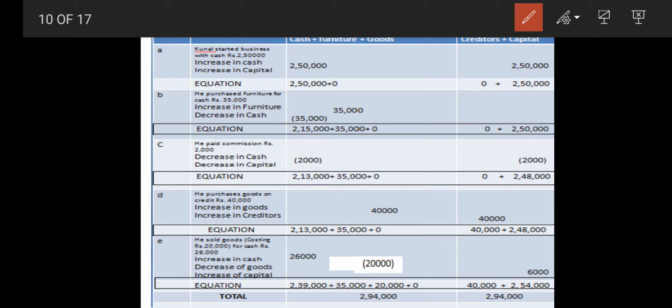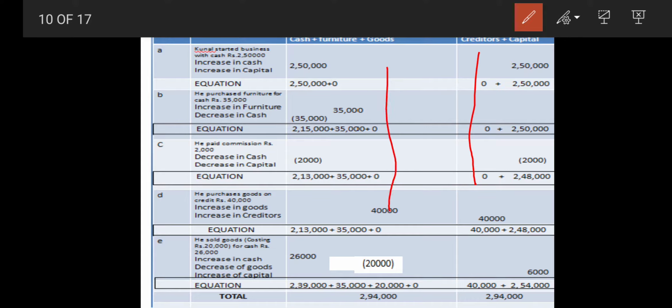Then comes your next, he purchased goods on credit for rupees 40,000. So here the goods are purchased, but it is mentioned clearly that it is on credit. So credit goods will always create creditors. So here the name of the supplier, that is creditors, a new column will be introduced, and goods will also be a new column introduced, that is 40,000.